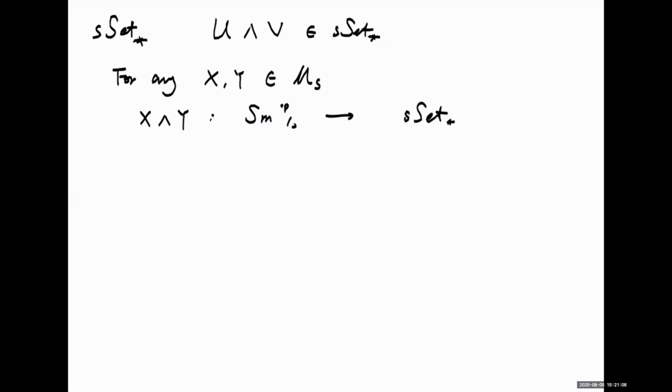Then any smooth scheme W should map to X(W) smash product with Y(W). How do you think of this? This looks like the tensor product.